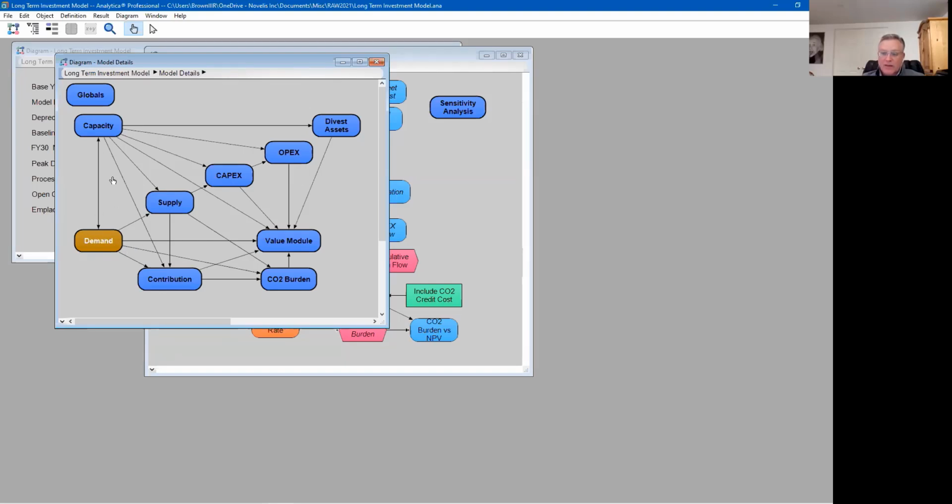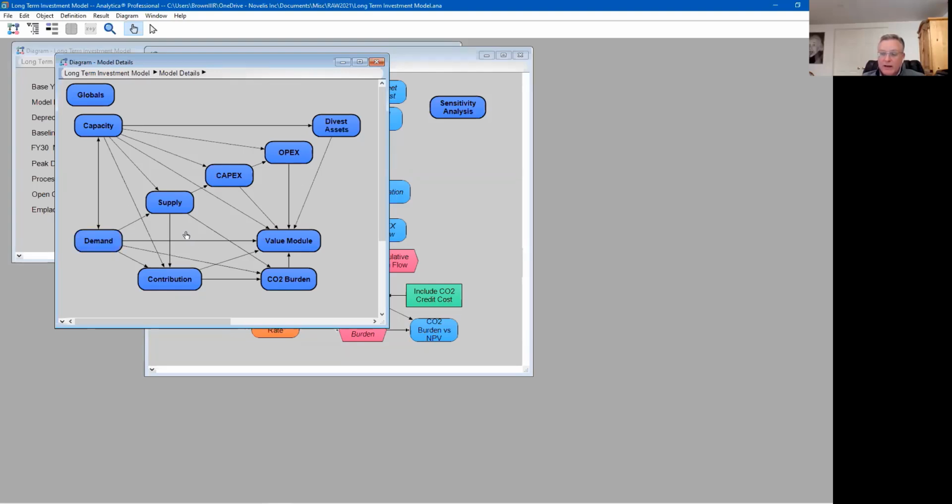Of course, once we know what that demand is and it's constrained by capacity, we then can calculate how much supply we generate back to the market, what the CapEx would be required to satisfy that supply requirement. And then, of course, any of the OpEx or other contribution values that derive out of that.